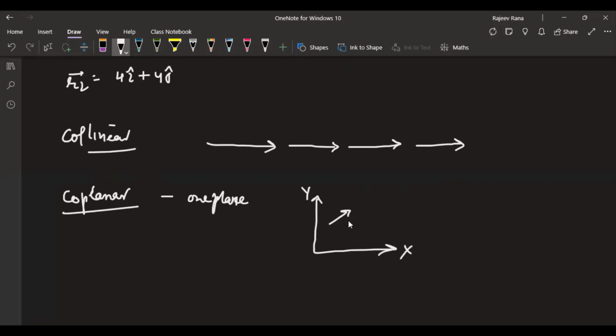So two vectors which are located in the same plane, irrespective of their directions, are called coplanar vectors.